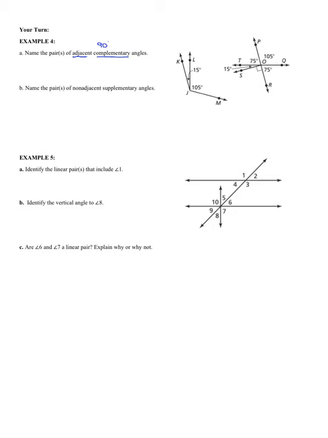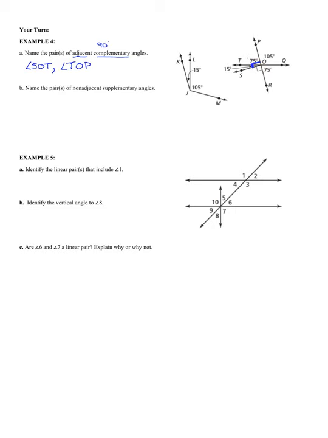So actually I only see one possibility that are adjacent, because notice you have 15 and 75. If I add that together, that gives me 90. So these two angles here are adjacent and they add up to 90. So I would say angle SOT and angle TOP. Those are adjacent because they share a ray, they're complementary, they add up to 90.